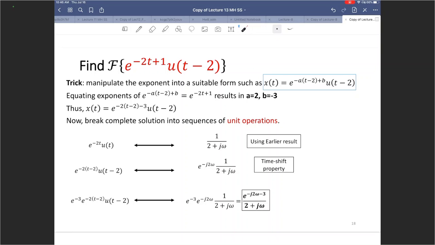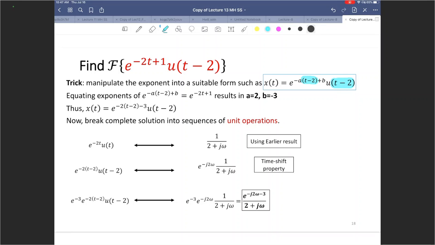So I will manipulate this time domain signal into the form e to the minus a times t minus 2 plus b. You see this? This is t minus 2, so that later on I can apply the time shift property to the entire signal at once.